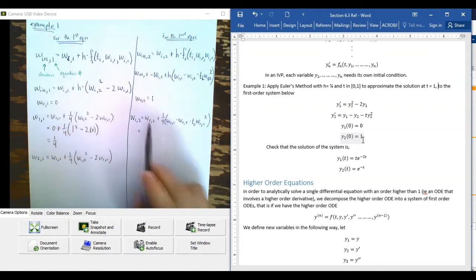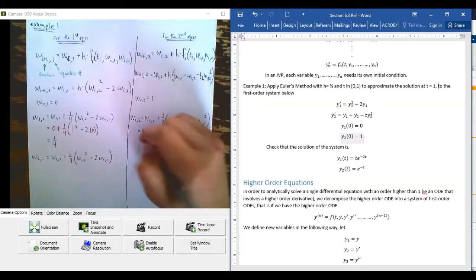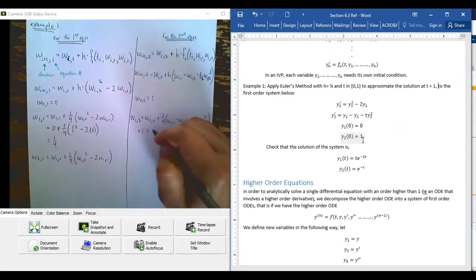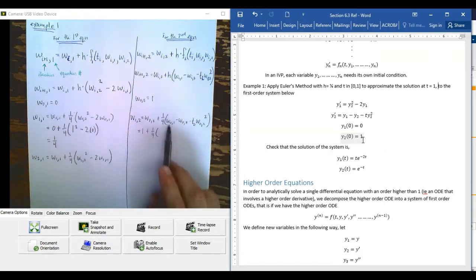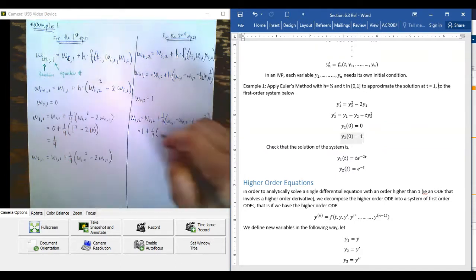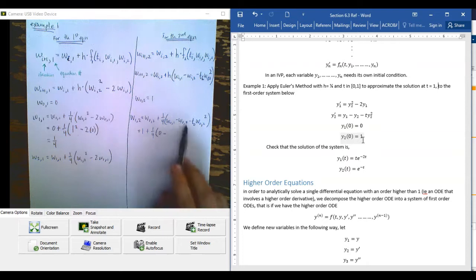Let's plug in our values. What's W02? That's 1 plus 1/4 times W01, which is 0, minus W02, which is 1.